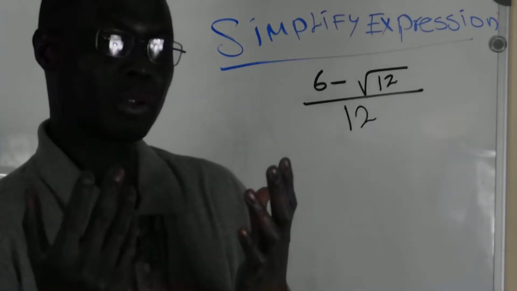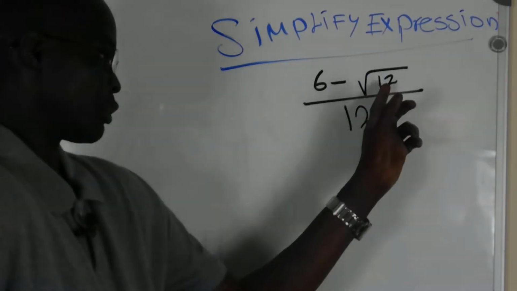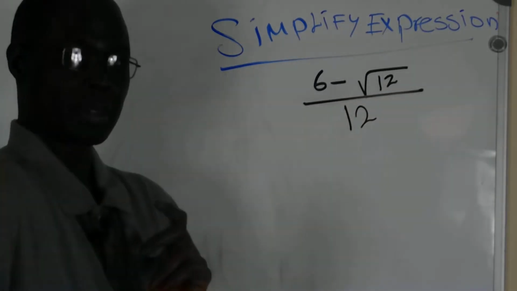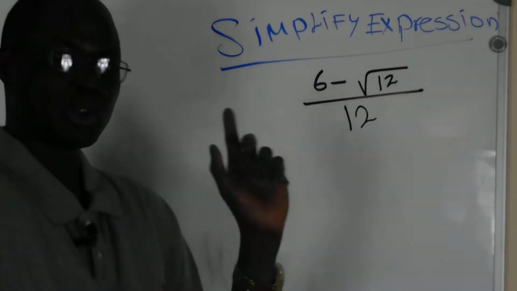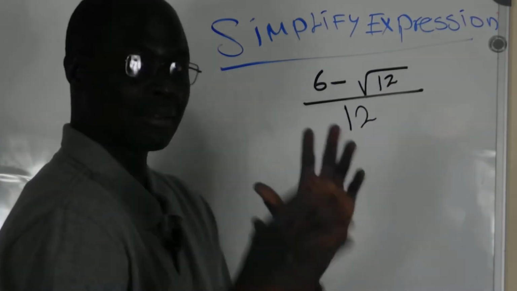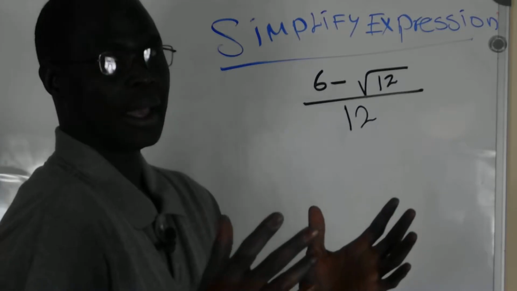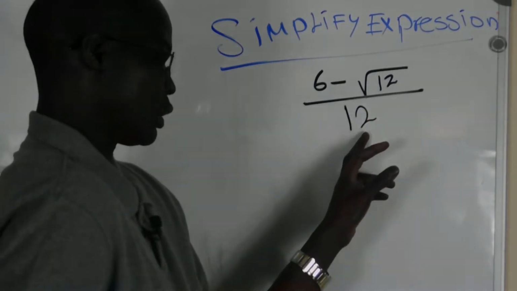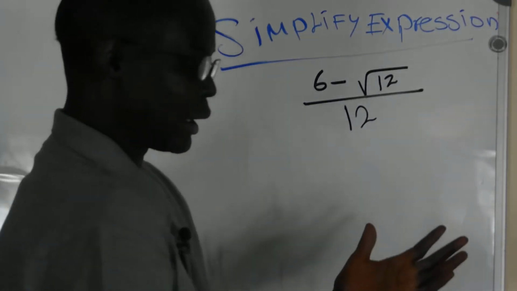And what comes out of the root has to be 2, because 2 to the power 2 is 4, and that's exactly what we're looking for. Then we can see if the number can be divided by 12, and that's how we simplify it.